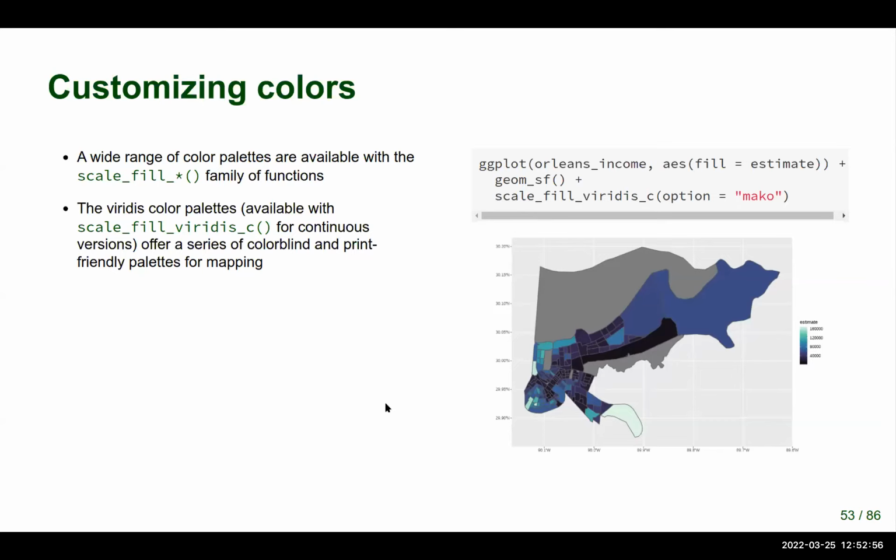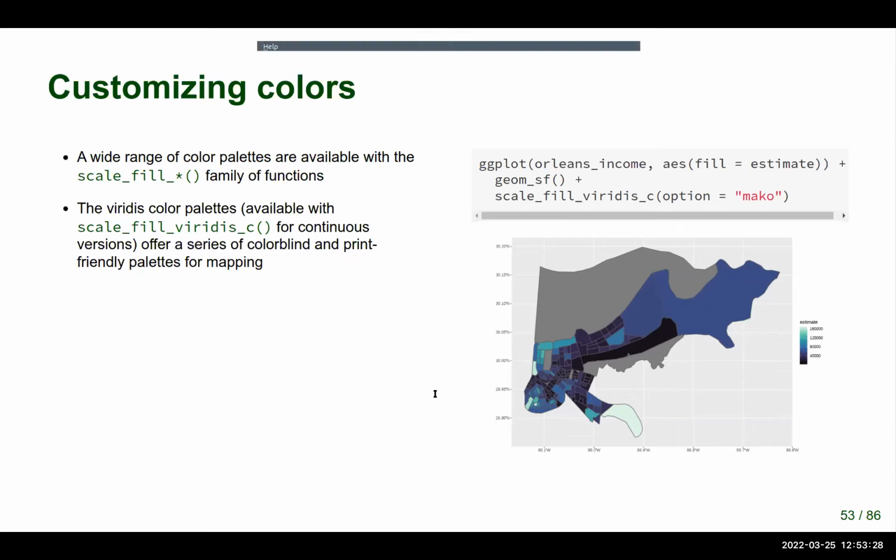So the popular ColorBrewer color palettes for mapping are available, and the popular viridis color palettes for data visualization are also available that are pretty fantastic for making maps. So I'm using scale_fill_viridis_c for a continuous version of a viridis color palette. And I'm using the mako option, which ranges from like a dark blue to a light green, to modify the color palette on my map.